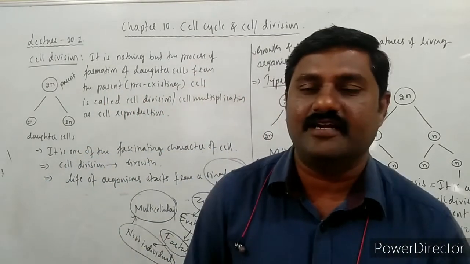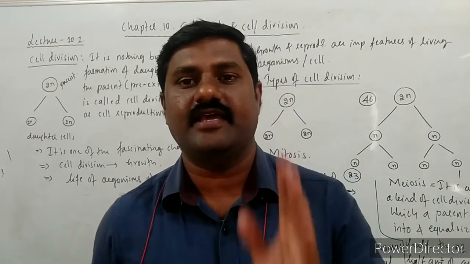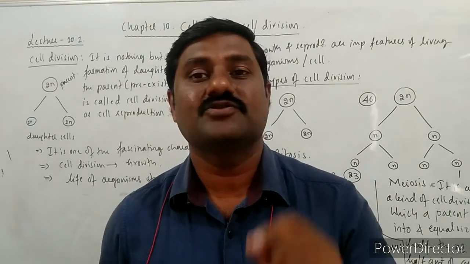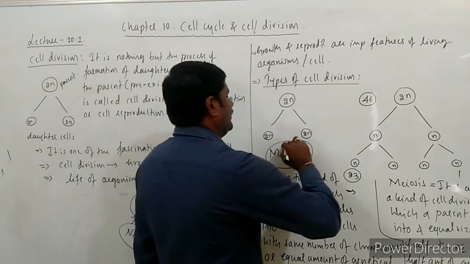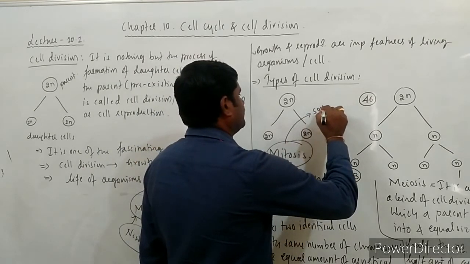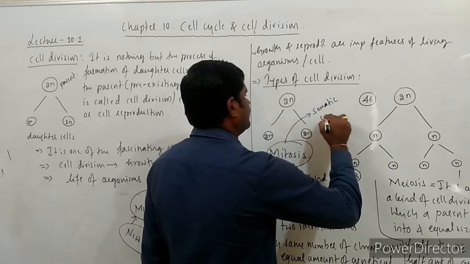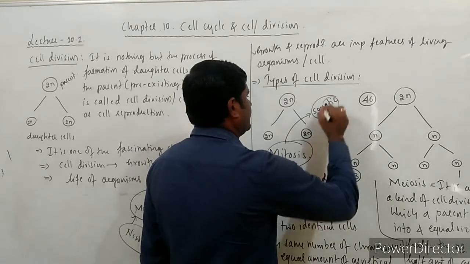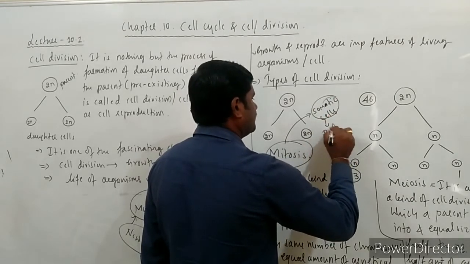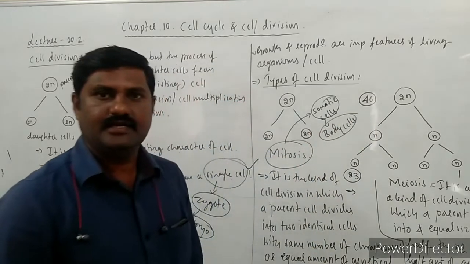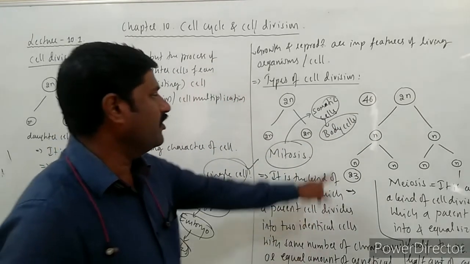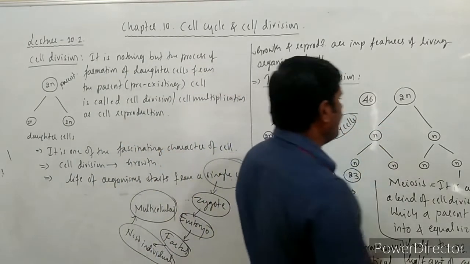Mitosis is a type of cell division which takes place always in what? Somatic cells, right? So this mitosis is always taking place in somatic cells. Somatic cells in the sense that they are body cells. Right? So cell division occurs in body cells, and this is meiosis.